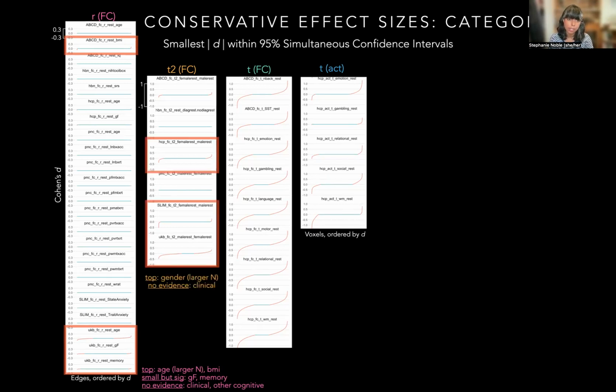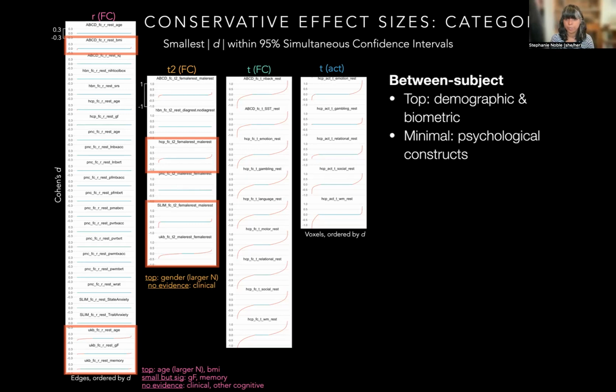In the group contrast setting, we see that gender, or at least I think biological gender, self-reported biological gender used in many of these studies, tends to show larger effects. And again, little evidence for the clinical context. So minimal effects that we're able to detect here for some psychological constructs.